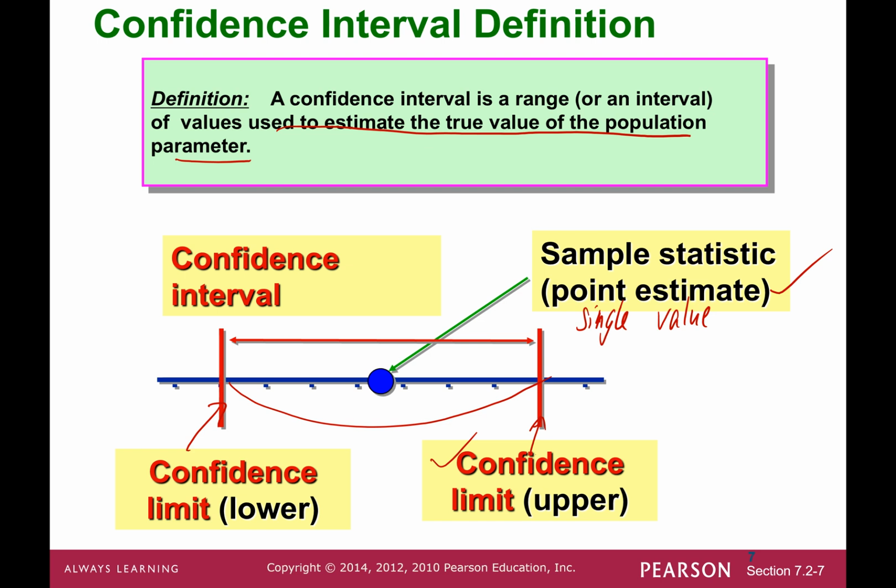The confidence interval has a much better chance of capturing the population parameter, because you have infinitely many values within the interval, compared to the point estimate.